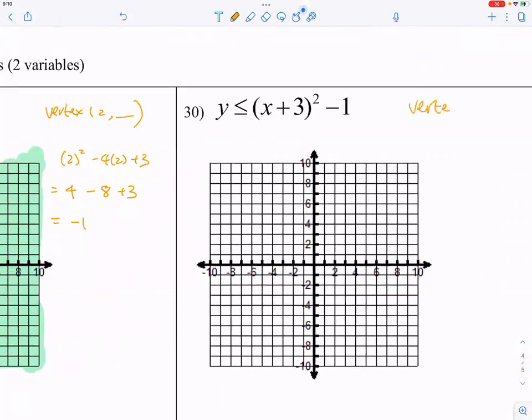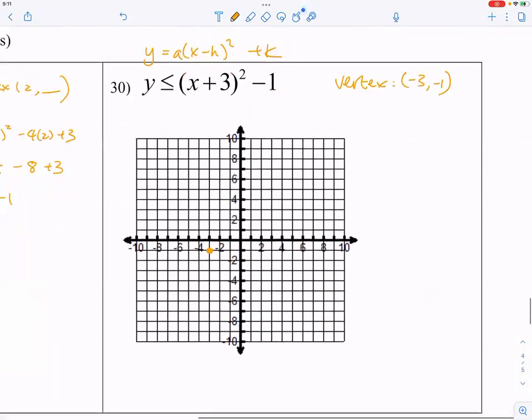Okay, the vertex is (-3, -1), because again the vertex form is a times (x minus h) squared plus k. Okay, so that means you can put down the vertex right here.